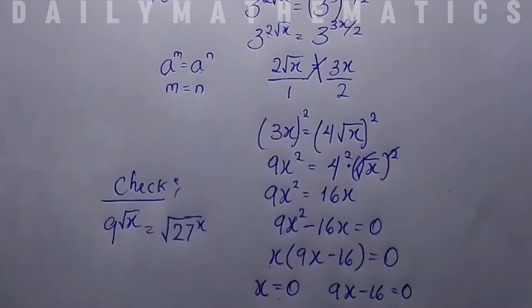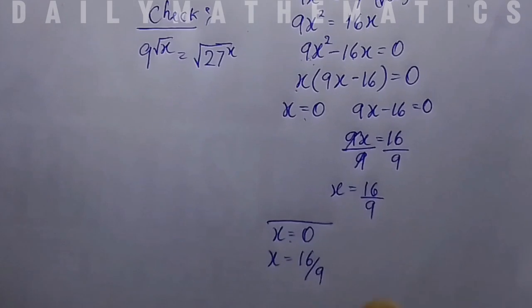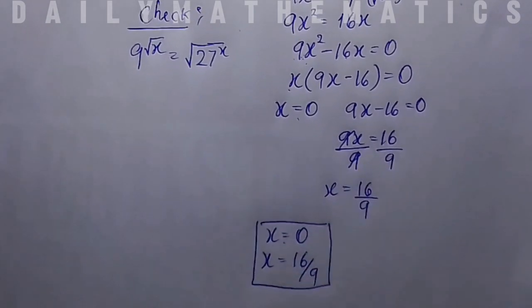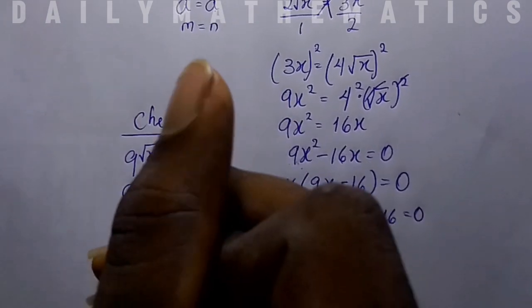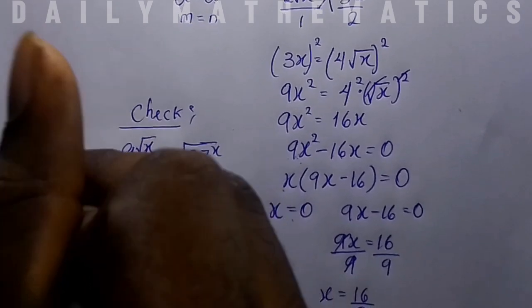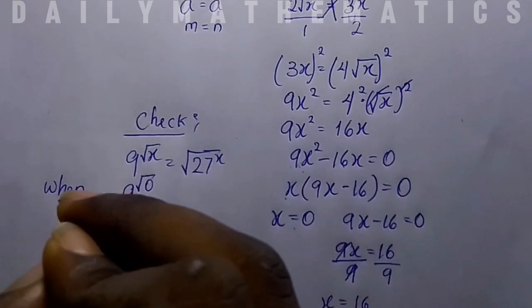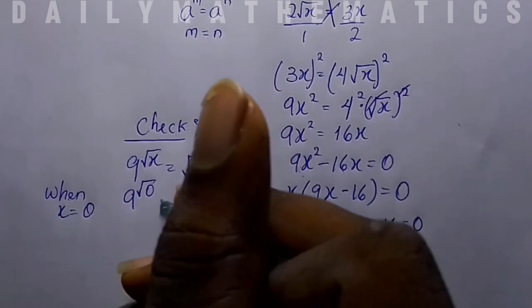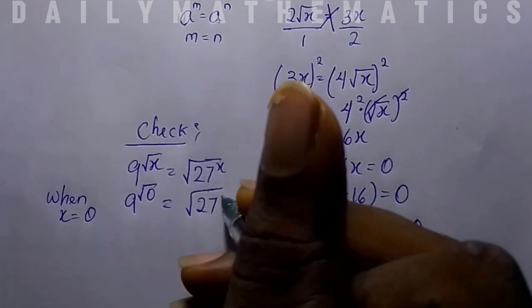When x equals 0, we have 9 raised to the power of root 0 equals root 27 raised to the power of 0.